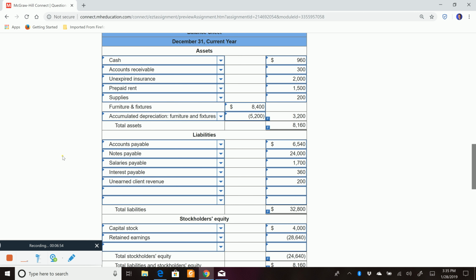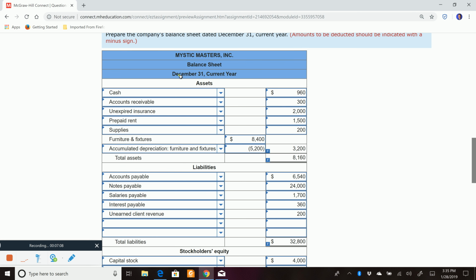Now, the balance sheet is the third required financial statement. The balance sheet, unlike the first two that we prepared, which were the income statement and the retained earnings statement, is not for a period of time. The balance sheet is what I like to call the snapshot statement. It's the photograph statement.